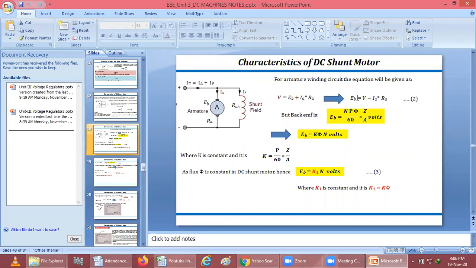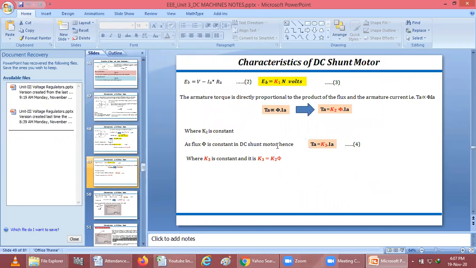If you take P into Z upon 60A as a constant term, you get Eb equal to K into N. We call this K a constant term. And if you take K into phi as K1, you get the equation Eb equal to K1 into N. Now you are supposed to study the speed.